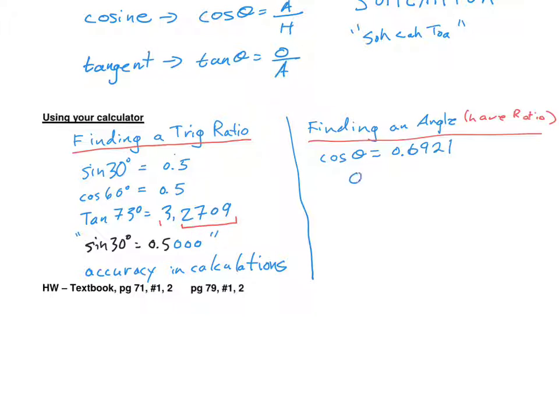On your calculator, in order to find theta, we're going to have to do cos inverse of 0.6921. And on your calculator, you're literally just going to have to do this. Shift, cos, and then the number, 0.6921. And then that will give us the actual angle that we were looking for, 46.2 degrees.